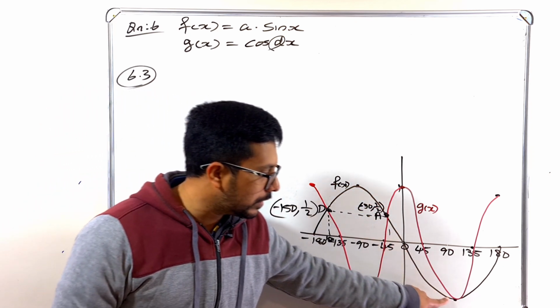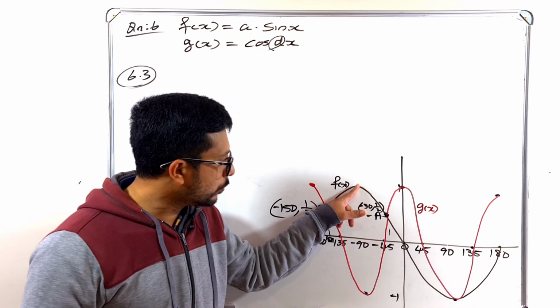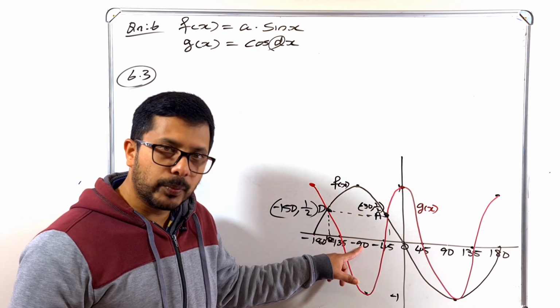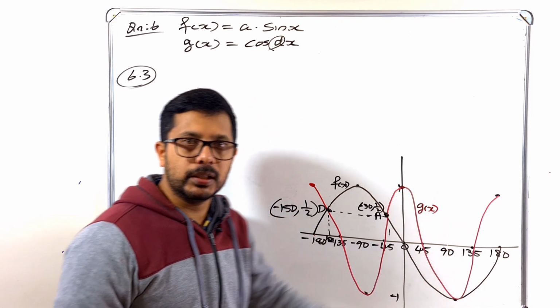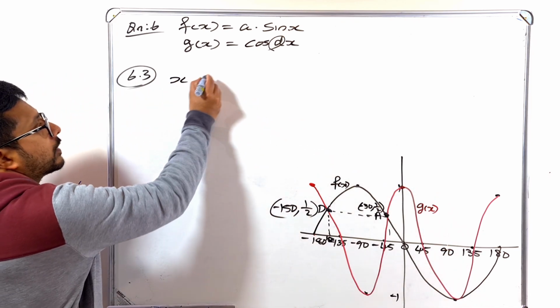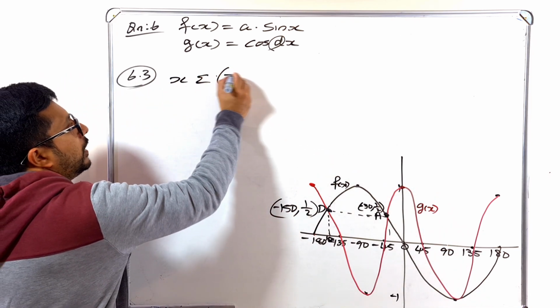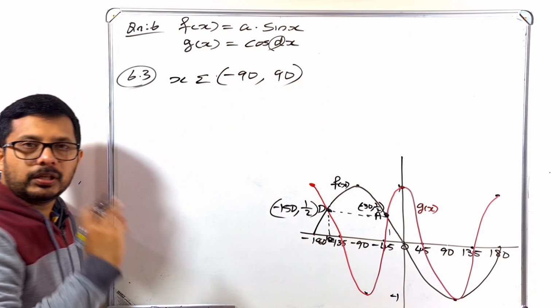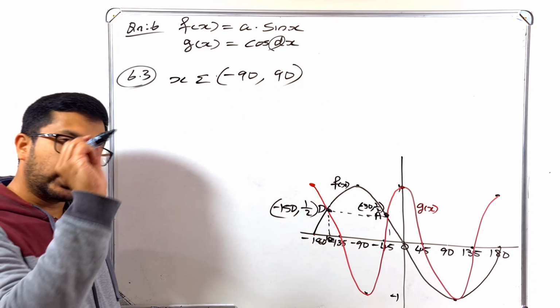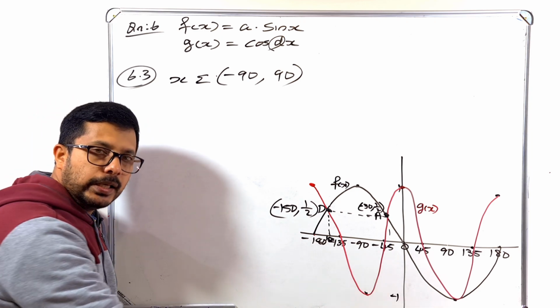It is decreasing up to here. At this point, what is the x value? Minus 90. At this point, what is the x value? Positive 90. So x is an element of minus 90 to positive 90. Between minus 90 and positive 90, the f graph is decreasing.